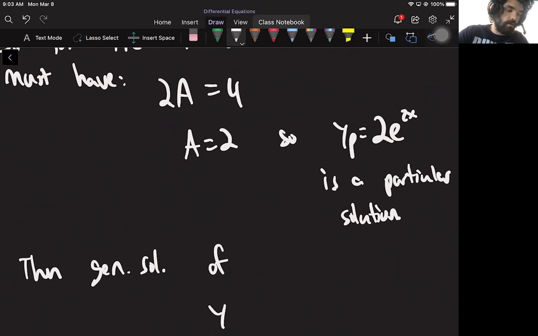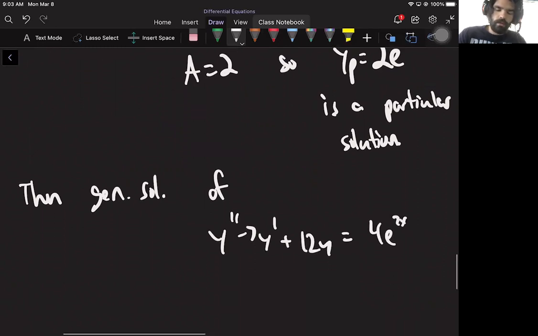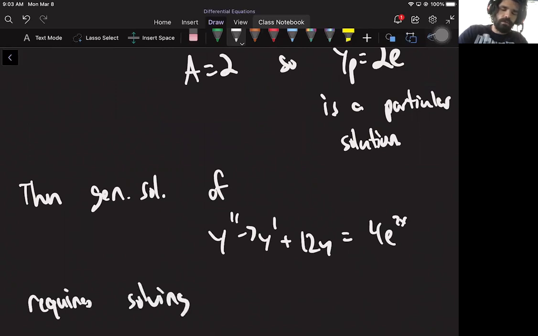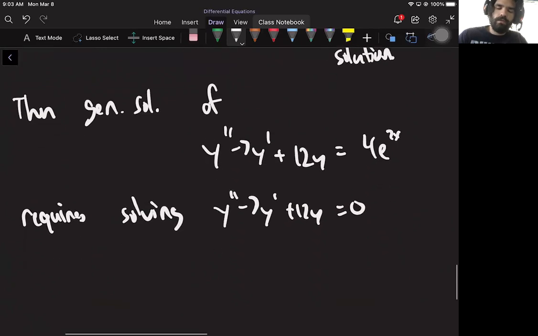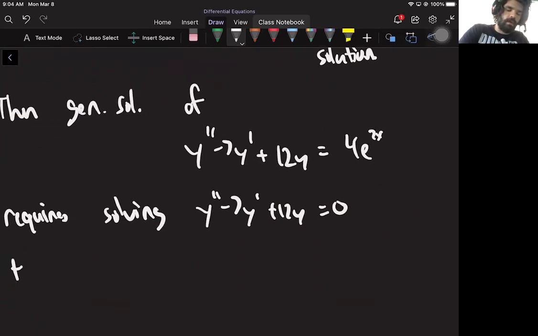So now I just have to do that to finish the problem if I really want to solve it. So this requires also solving this thing to get yc.